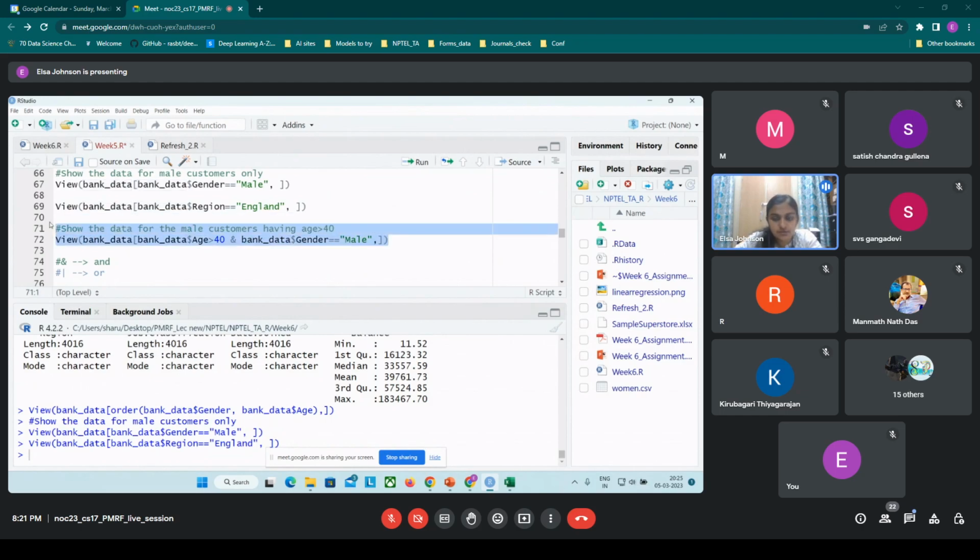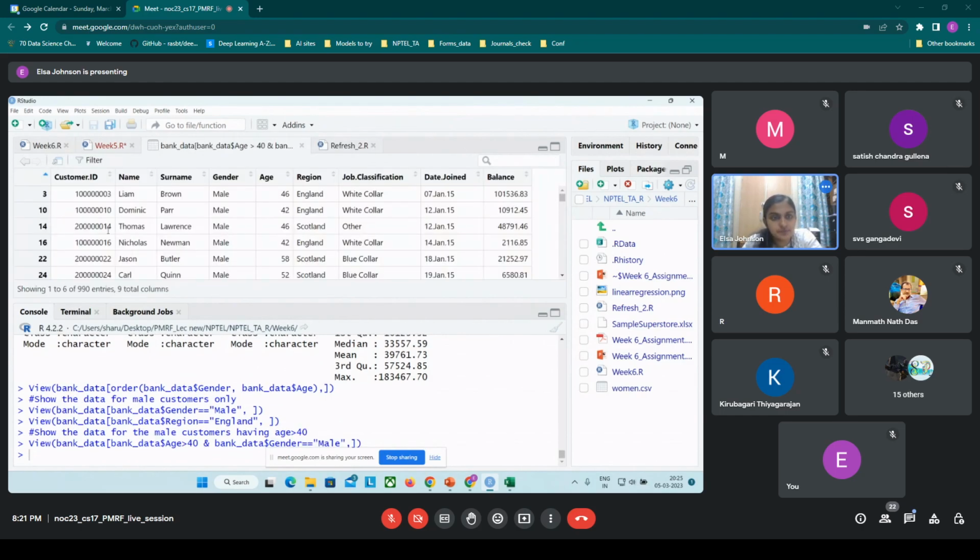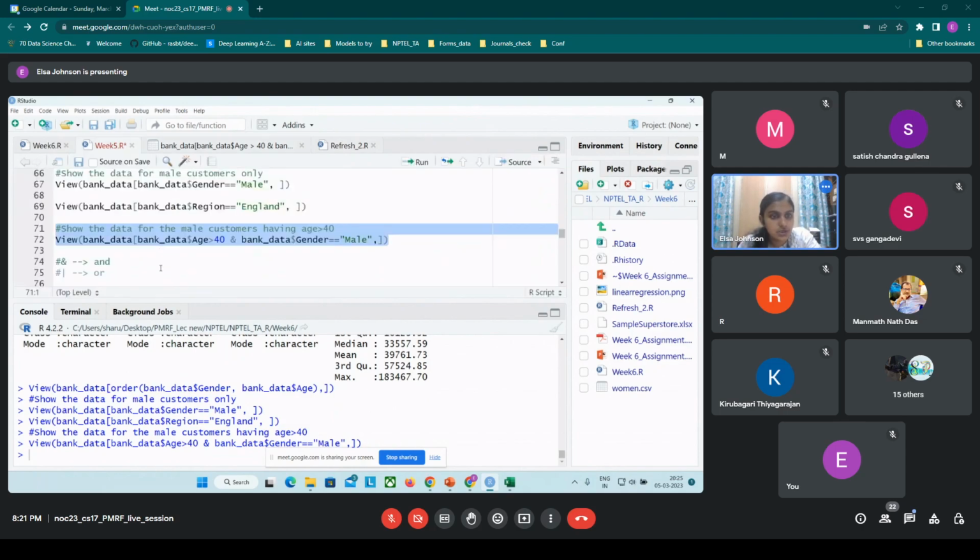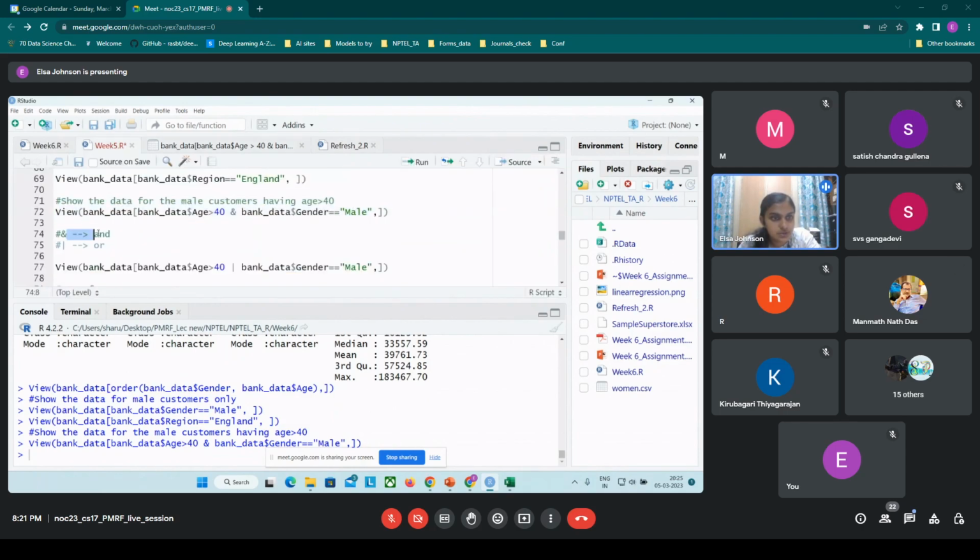If I give this one, then what we are viewing here is that only the data having the age greater than 40 are shown. Now, this represents and, and this represents or.